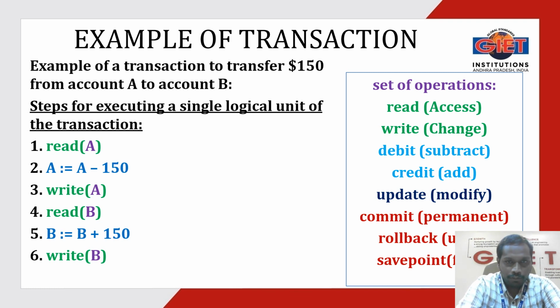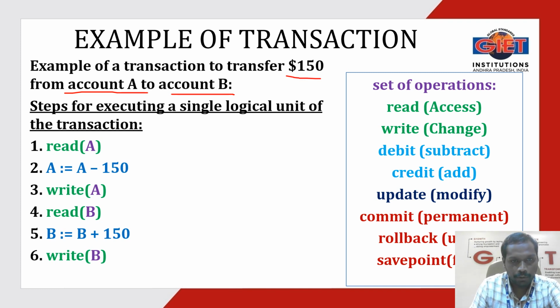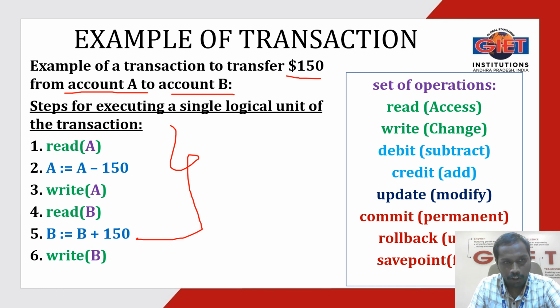Coming to the example of a transaction, we are considering a small example: we are trying to transfer $150 from account A to account B. Here the data items are account A and account B. The initial amount may be any amount, but we are transferring $150 from account A to account B. This whole block we call a single logical unit, and within this single logical unit we have a set of operations.